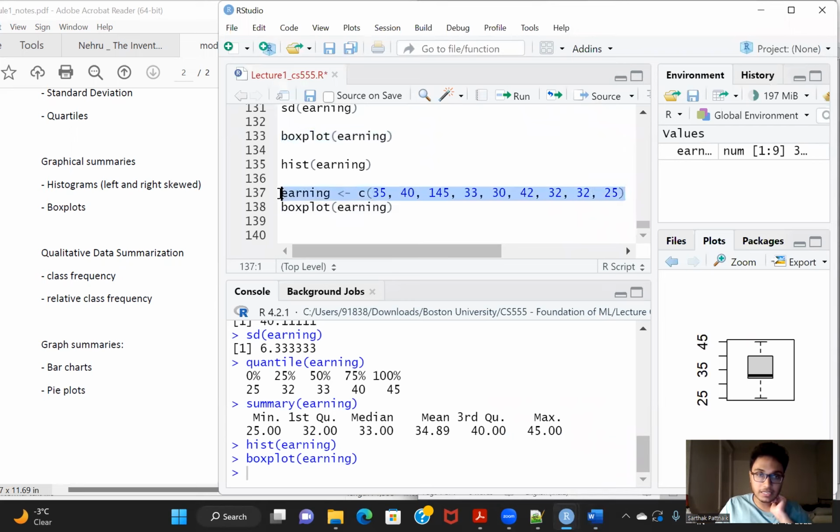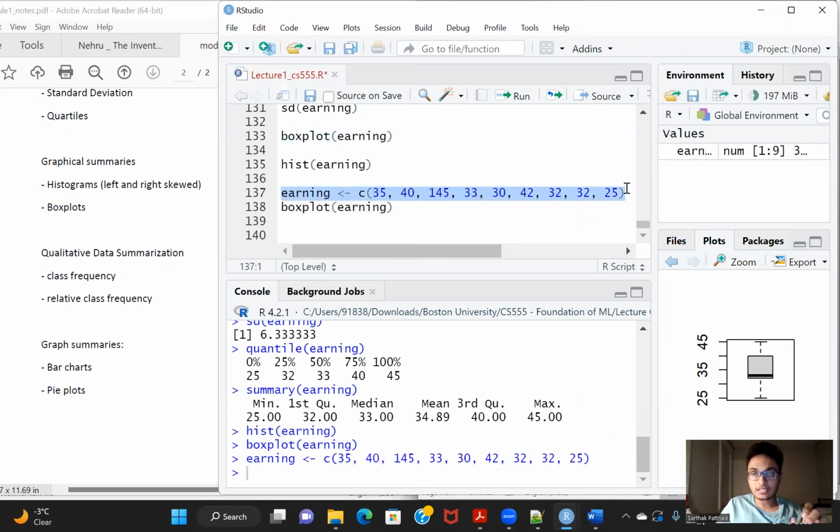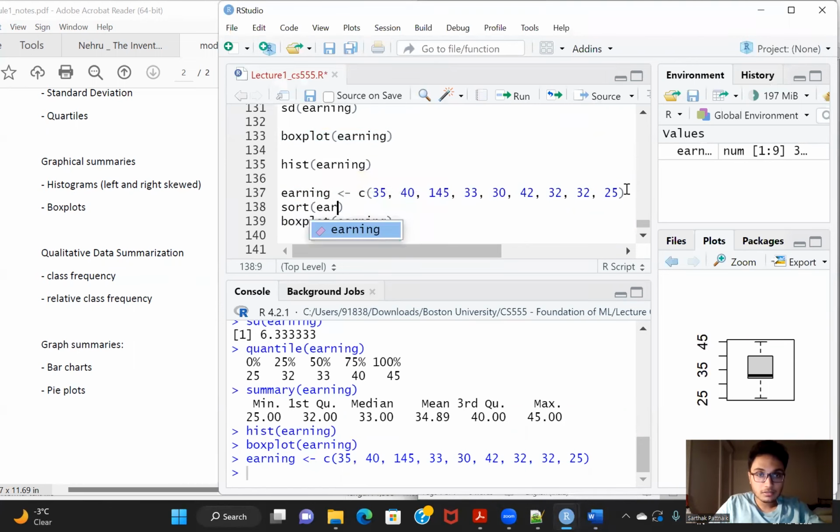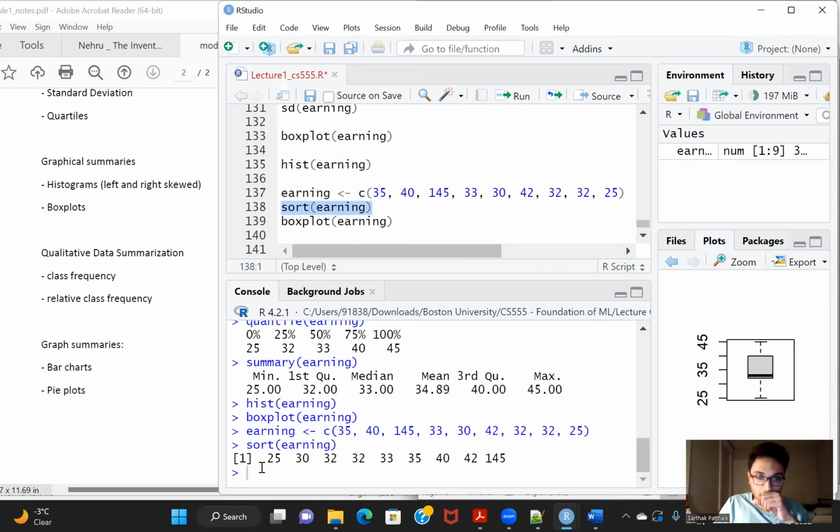For example, here in this case, if I change my earnings data and if I sort earnings, there is an observation 145. Now clearly you can figure out this 145 is different from all other data points, because all of the data points fall in a certain range, and 145 falls out of that range. You do a summary of earnings now.